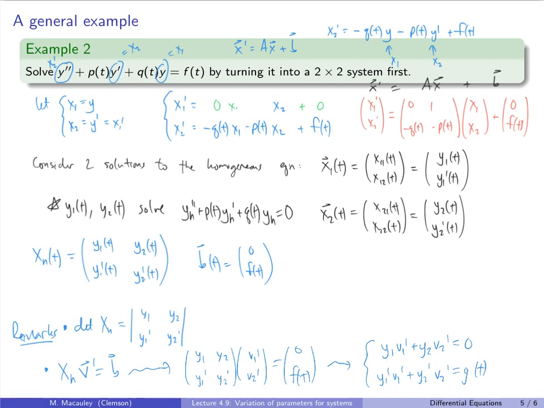Now, you may not remember this, but if you don't, go back and look at the end of the second variation of parameters lecture. In that lecture, I wrote that we're going to find a particular solution of the form v1 y1 plus v2 y2, and then from that I made the case why we get this first equation, or one of these equations, and then the other one I sort of hand-waved. I said, well, we need a second equation, and it should make sense that this will work, but I didn't really justify it more than that.